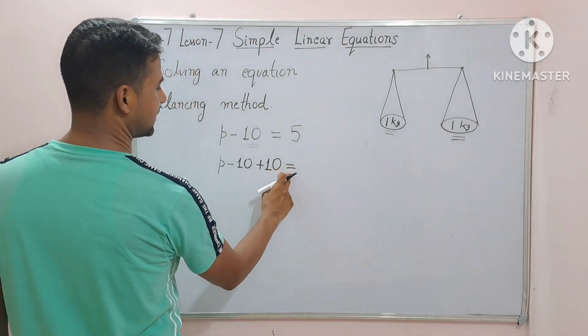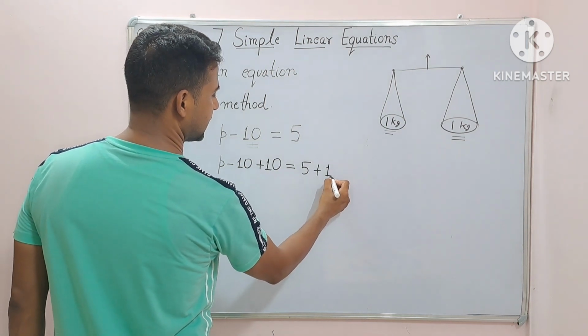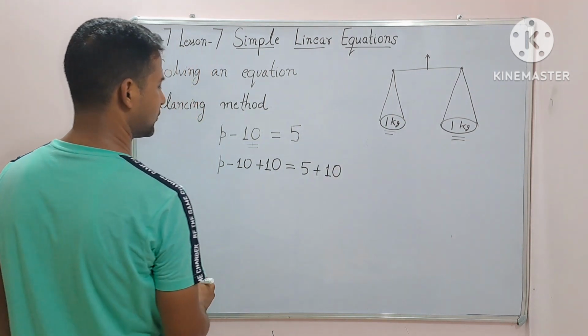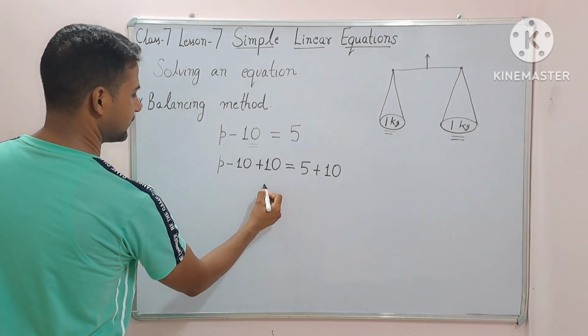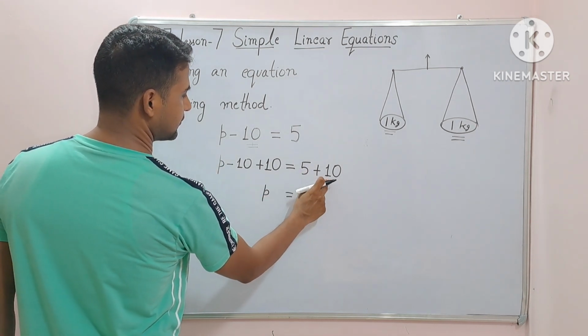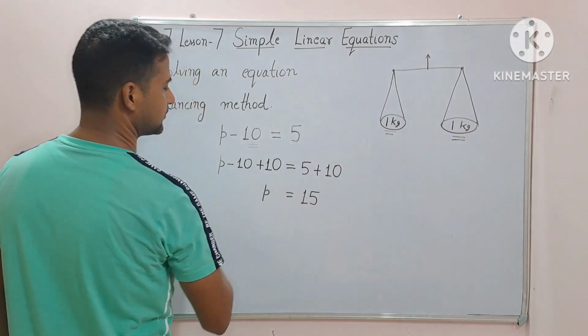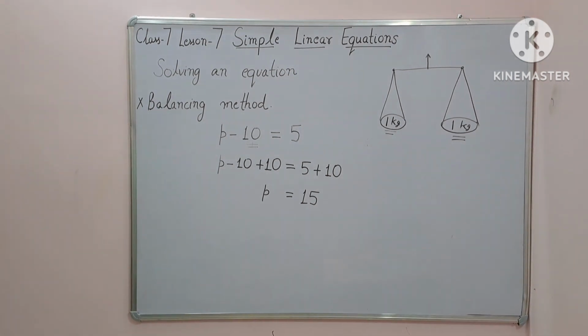For maintaining this balance, we have to add 10 on the right hand side. Here we will get p, here we will get 10 plus 5, 15. This is the balancing method.